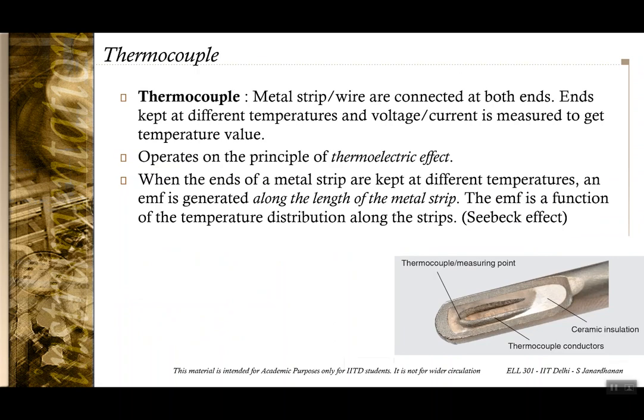So the first transducer that we will look into is the thermocouple. So thermocouple is basically a metal strip or wire, or actually there are two metal strips which are connected at both ends, and the two ends are kept at different temperatures.